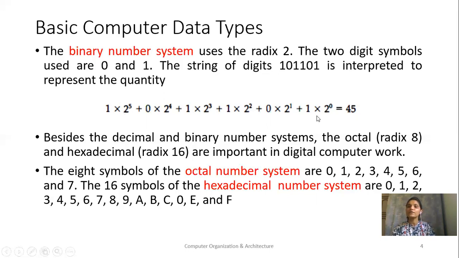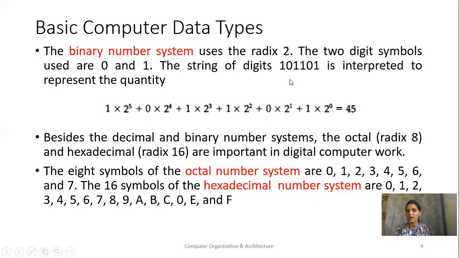Lastly, we will do the summation of all of these multiplied terms, and if we evaluate these, we will find 45. So it is our decimal equivalent of binary number 101101. This is also 45, but it is in a decimal number system and this is in a binary number system.